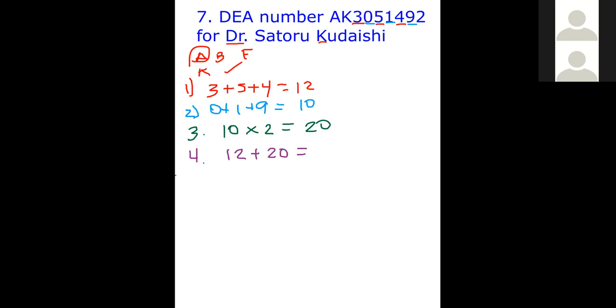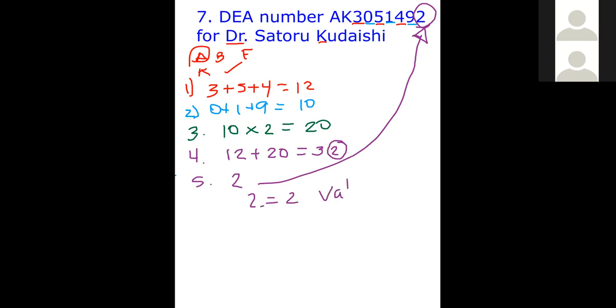So 12 plus 20, 2 plus 0 is 2, 2 plus 1 is 3. Now, the last step is to compare the last number in the sum of step 4, which is 2, to the last number of the DEA number. So 2 is equal to 2. So this is a valid DEA number. Okay. Let's move on to the next set of problems.